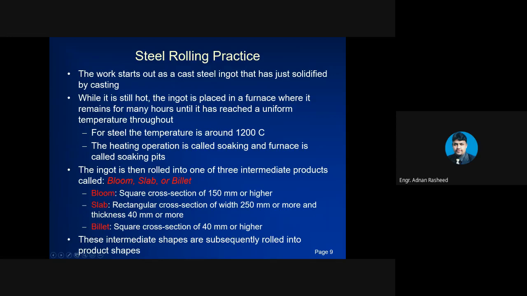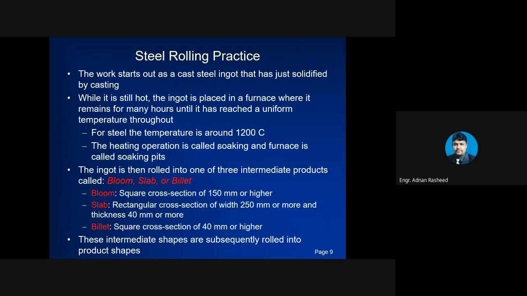The ingot is placed in a furnace where it remains for many hours until it has reached a uniform temperature throughout. The temperature for steel is around 1200 degrees centigrade. The duration of the heating operation is called soaking, and the furnace is called a soaking pit. So a furnace in which you place the metal for heating is known as a soaking pit, and the heating time is known as soaking.